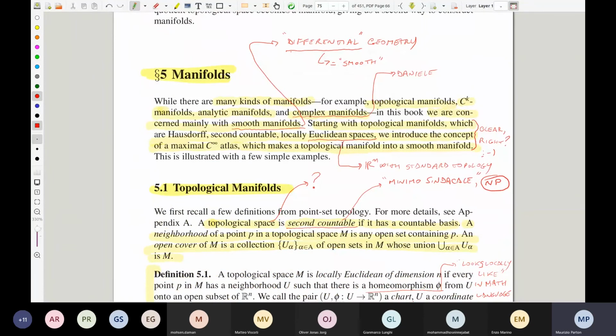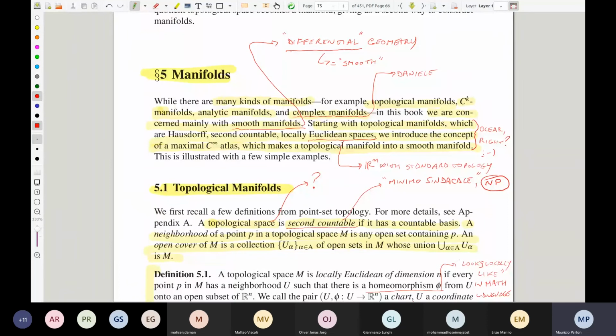First of all, we have to define a differentiable structure. We have to define what it is, something on which you can take derivatives infinitely many times.